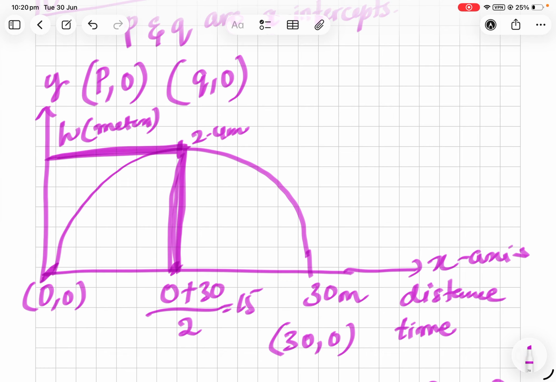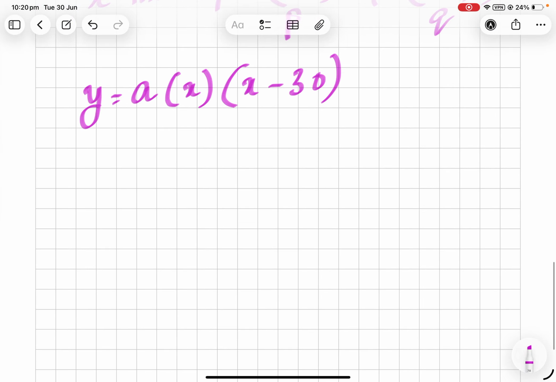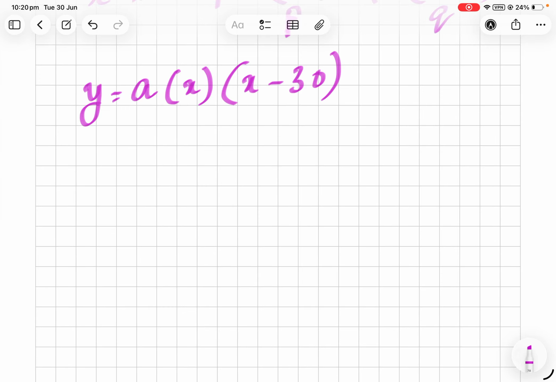That's what they want. So this point is 15, 2.4, and those are the numbers that I'm going to use. Your halfway distance, or your x value, is 15, because the ball just has to clear a crossbar at a height of 2.4 meters. So your y is 2.4.